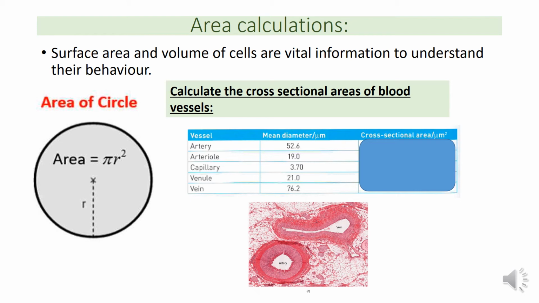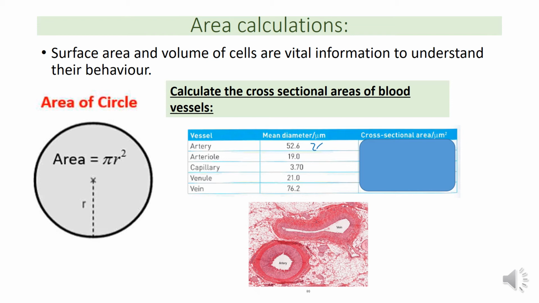So this one is a bit more possible, and it's calculating the cross-section areas of blood vessels. So again, you've got to do pi r squared. So in terms of doing pi r squared for this one, we look down each one. The artery, we've got to work out the radius of each of them. So we're going to be doing 52.6 divided by 2.